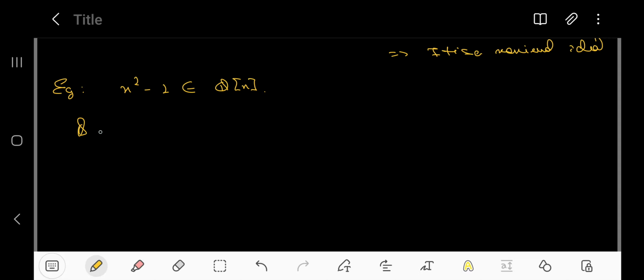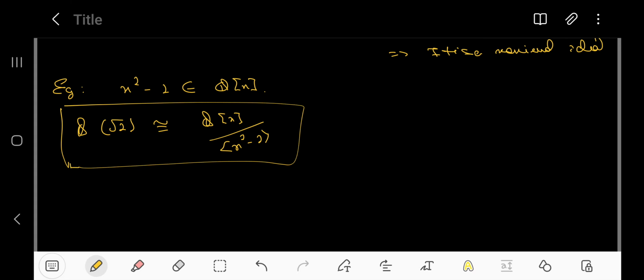So this field Q(root 2), which is an isomorphic copy of Q[x] over the ideal generated by x square minus 2, is the required field, of which Q is a subfield and which contains the root of x square minus 2. Got it?